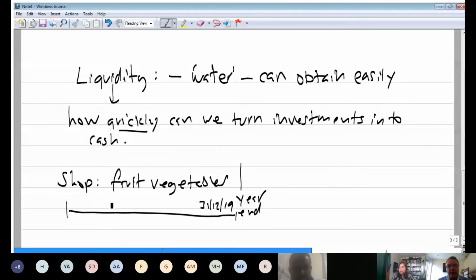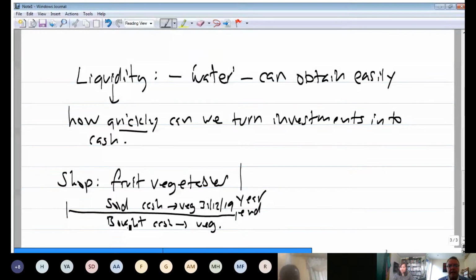And throughout the year, you have actually bought, again, using cash accounting, you bought for cash lots and lots of fruit and vegetables. And of course, you've sold them, again, for cash, all the vegetables.